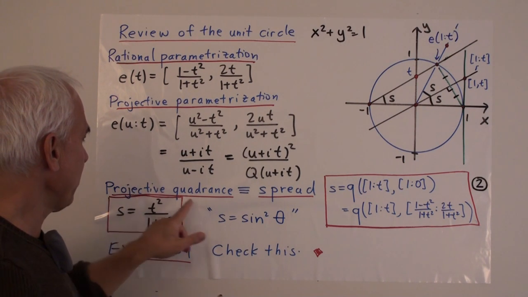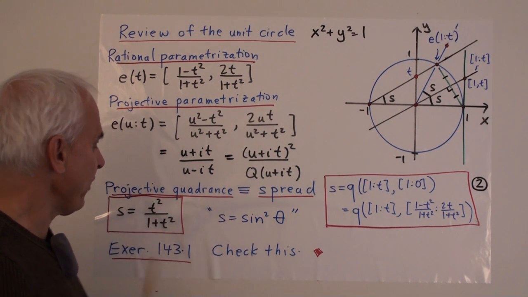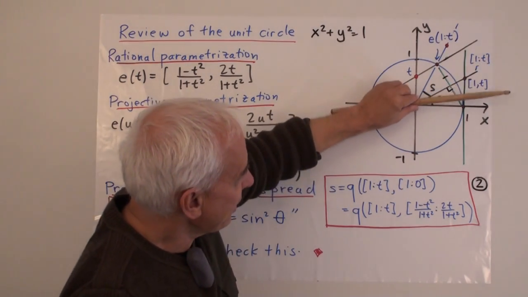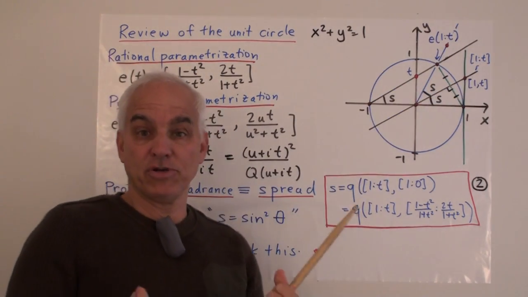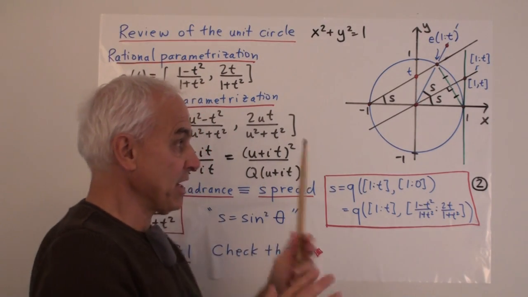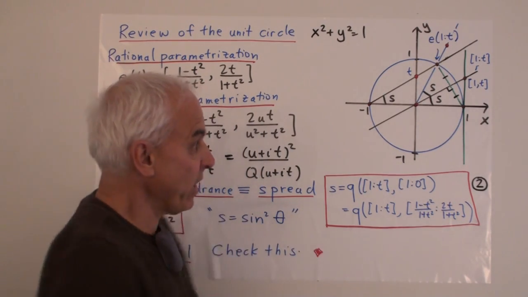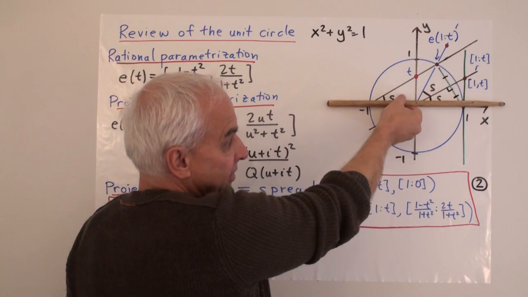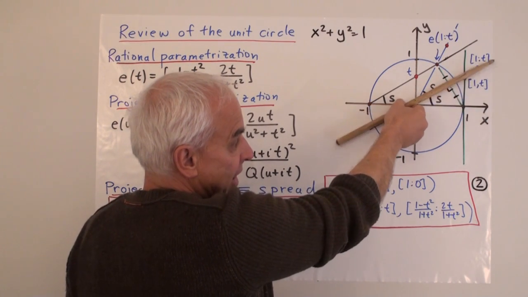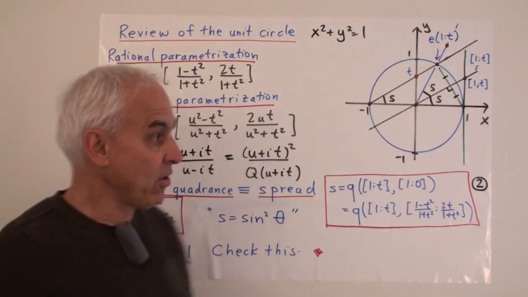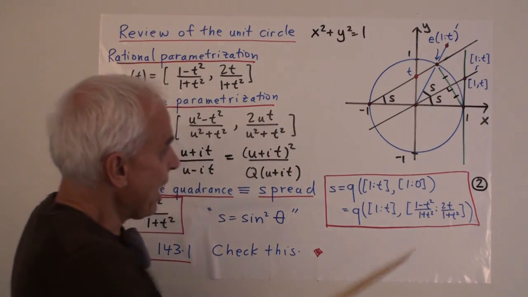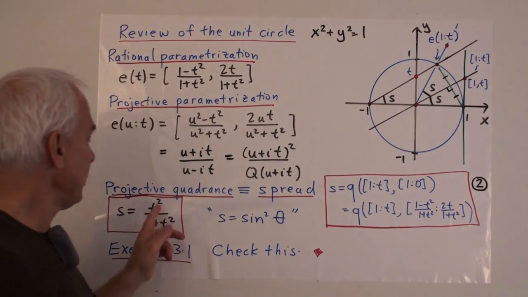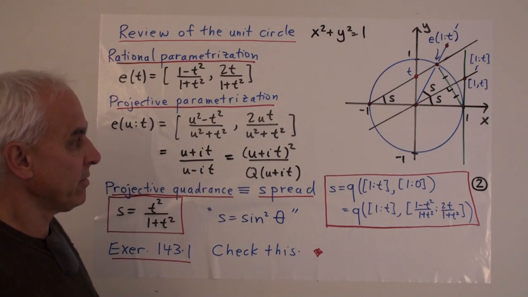Okay, so now the connection with projective quadrances or spread. This line and this line are two projective 1 points. If we just think about our one-dimensional projective situation, then lines through the origin are exactly what we're talking about, and the relationship between these two lines is determined by a projective quadrance. In this case, the projective quadrance between this line and this line is t squared over 1 plus t squared.